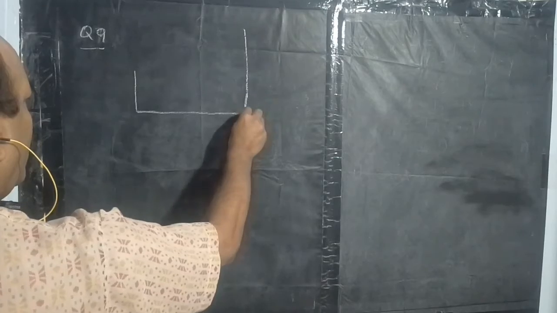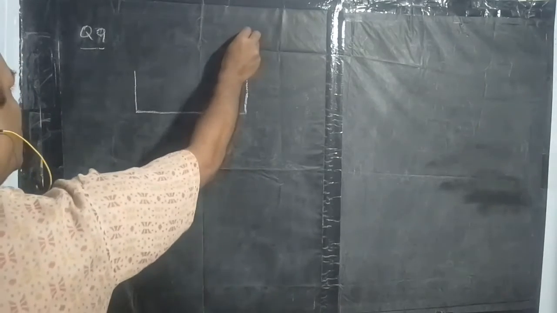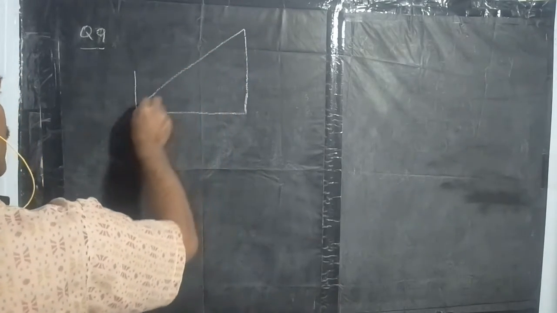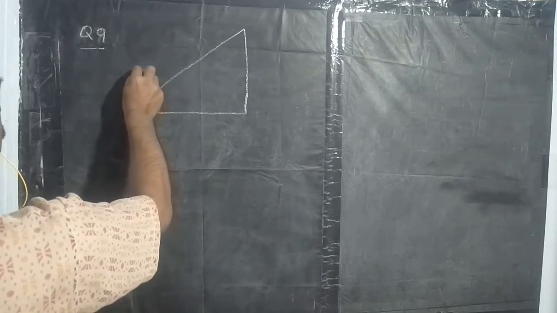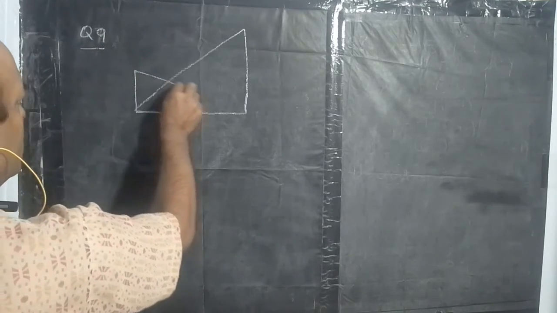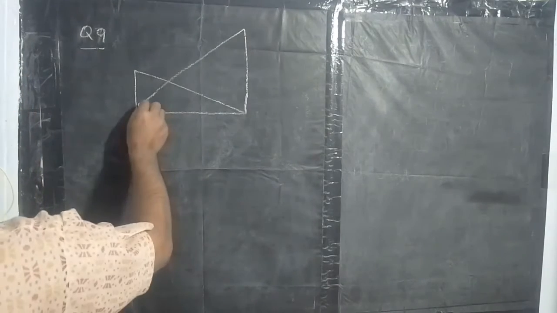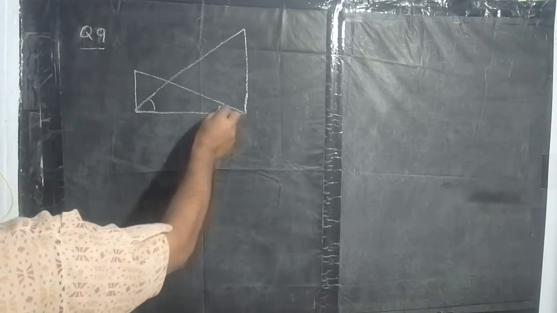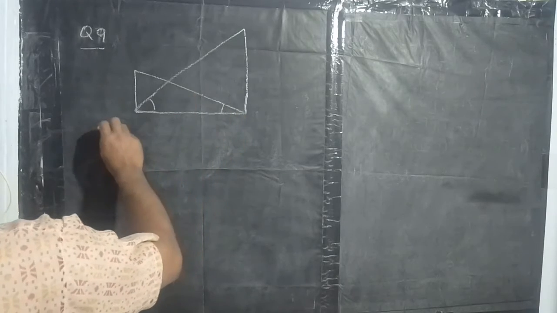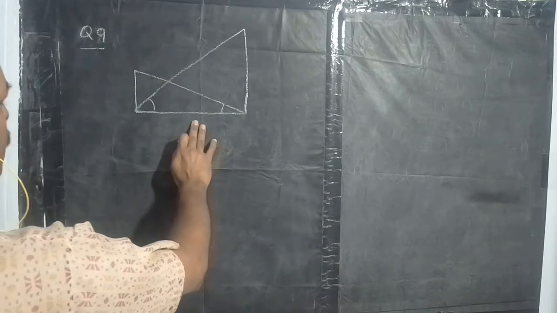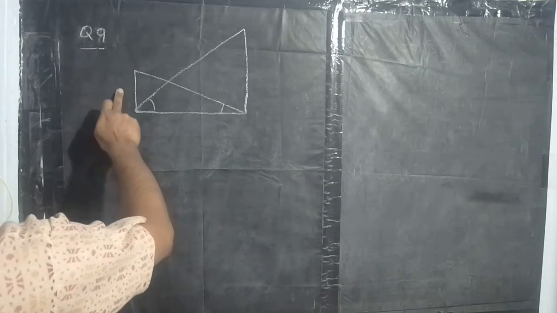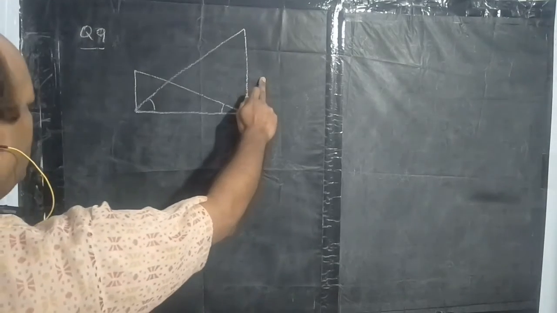From bottom to top one line of sight, and from top to bottom another line of sight. This angle will be given, this angle will be given, and the distance may not be given, or one height will be given, another height will be asked.